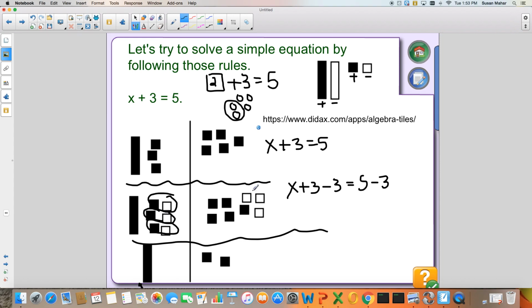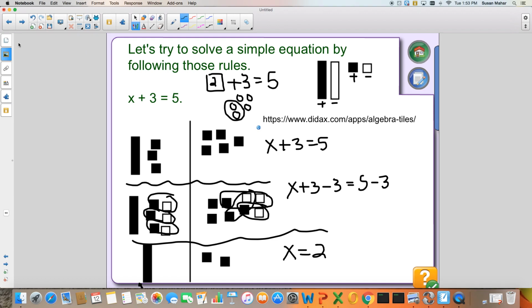You won't have to draw these circles. All right, I'm just showing you these matched up, these 2 matched up, and these 2 matched up. And I'm left with x is equal to 2. Okay, we're going to play around with a lot of these, so if you're feeling a little bit confused, do not worry. We're going to keep at it.